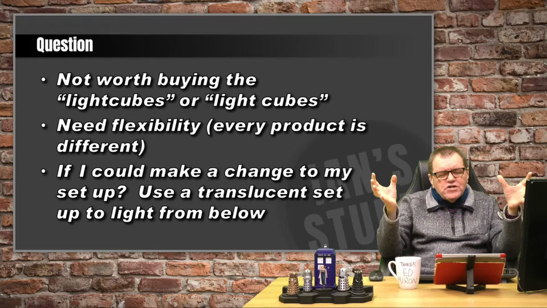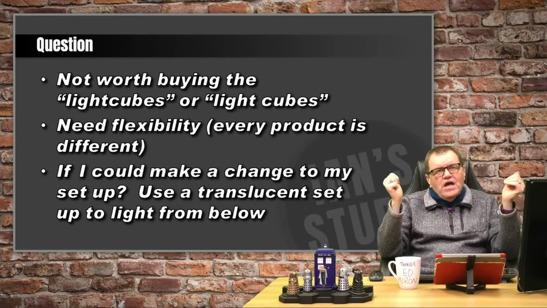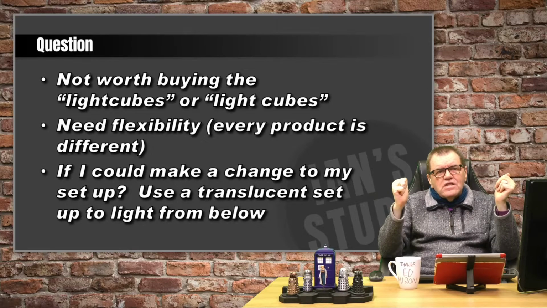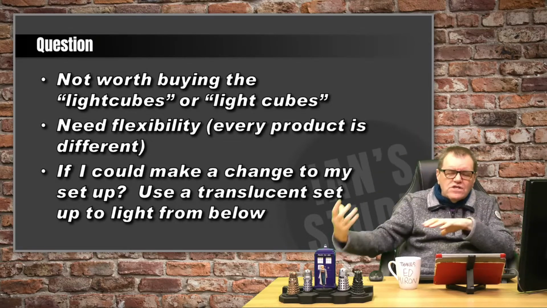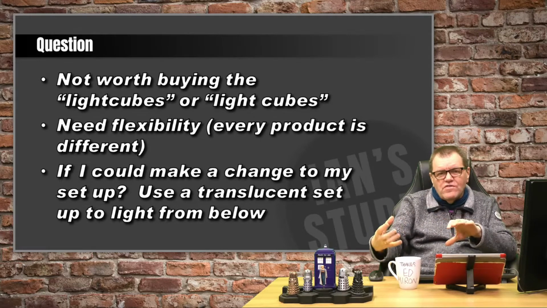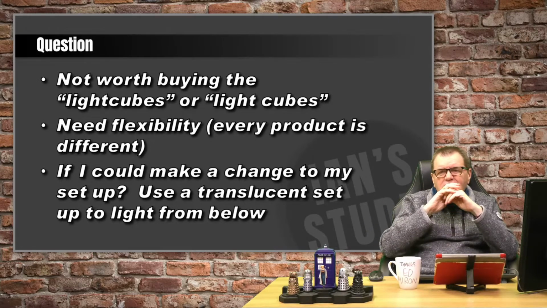If I could make a change to my own setup, one thing I would like to have is my actual background translucent so I can light from below on there. And I'm thinking about, is there a way to do it?